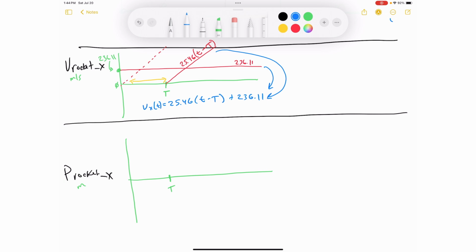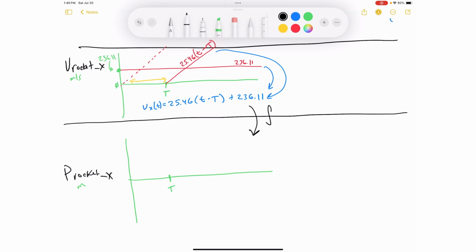Remember, in order to go from velocity to position, you have to integrate. So we're going to go from here to here, right? We're going to have to integrate that function. Before we do that, I would like to figure out the initial rocket position.